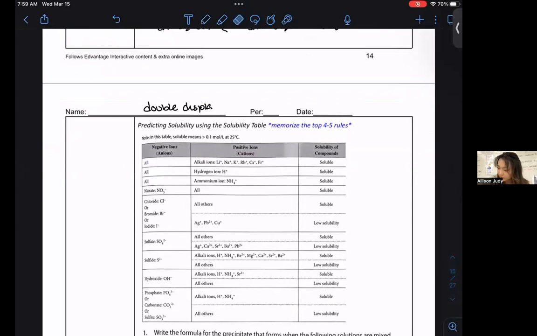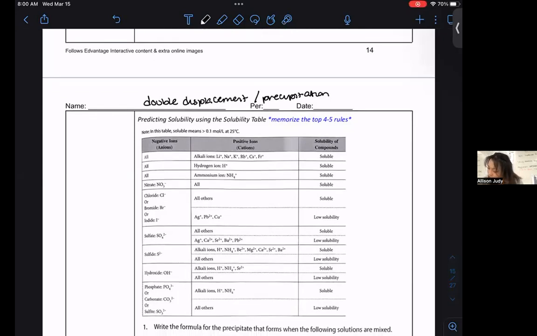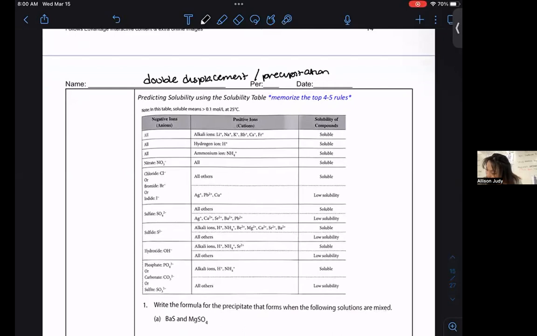That could turn into the potential of a precipitation reaction, if one of those do-si-do switches between the ionic compounds' ions produces an insoluble or low soluble ionic compound. So let's quickly see. These low soluble compounds would be precipitate favoring.